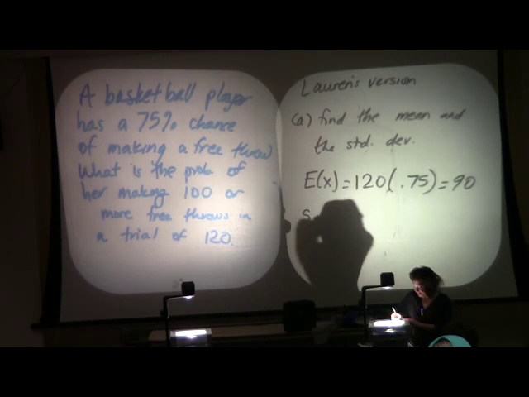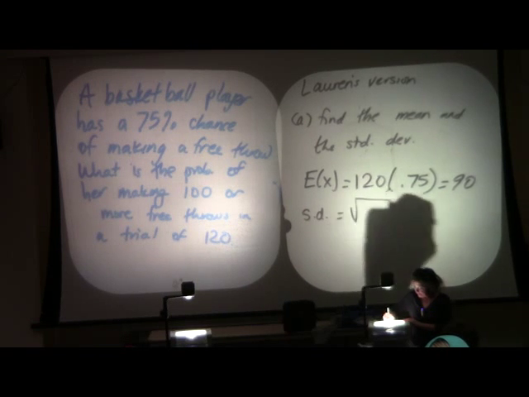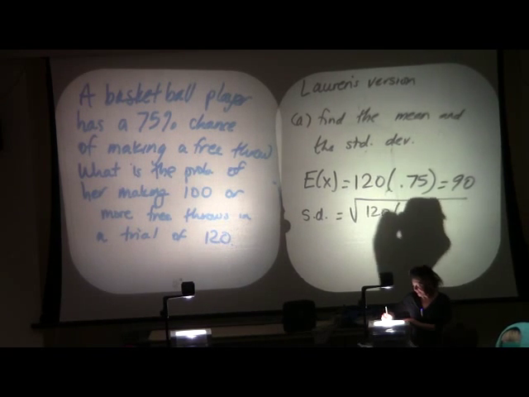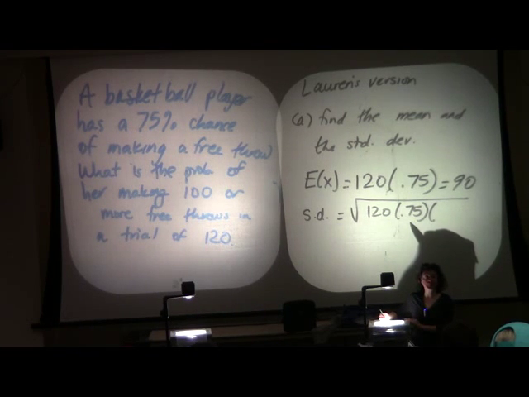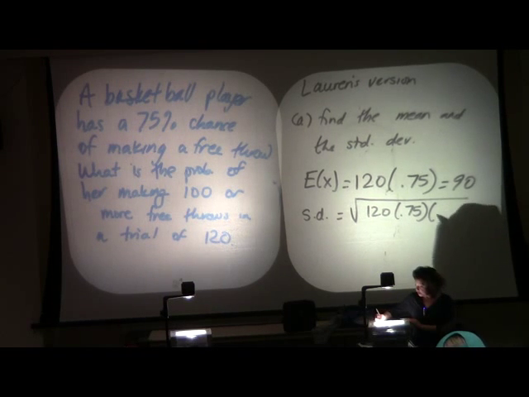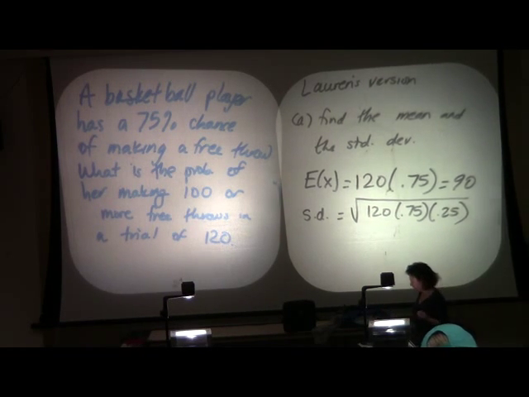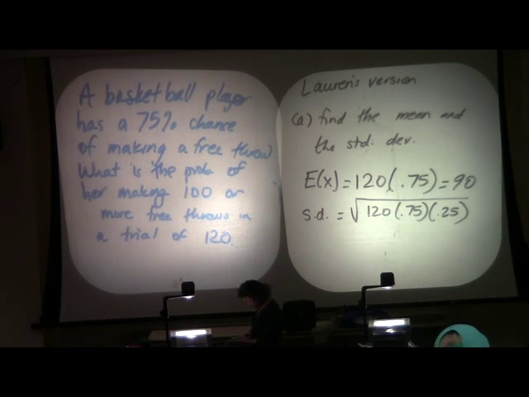Now we can find our standard deviation, and that's the square root of n times p times 1 minus p. Hey guys, if p is 0.75, what's 1 minus p? 0.25. This one I can't do in my head. So let's see what it is.